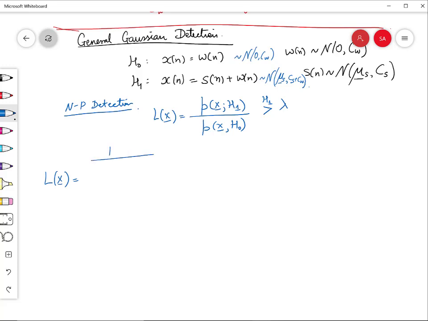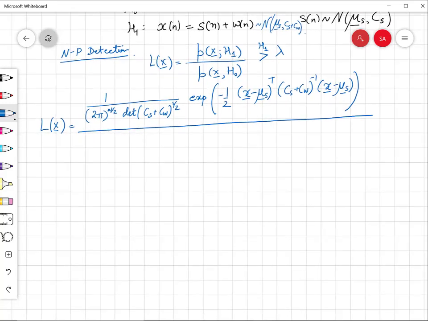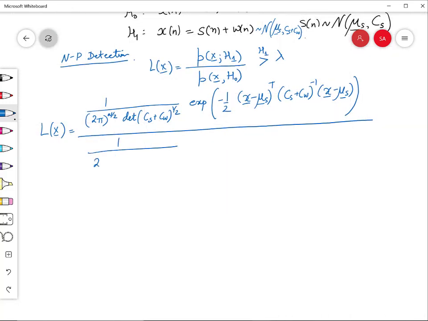So my L(x) comes out to be 1 over (2 pi)^(N/2) determinant of (Cs plus Cw) to the power half, times the exponential of minus half (x minus mu_s) transpose (Cs plus Cw) inverse (x minus mu_s), divided by the likelihood under hypothesis H0, which is 1 over (2 pi)^(N/2) determinant of Cw to the power half, times exponential of minus half.